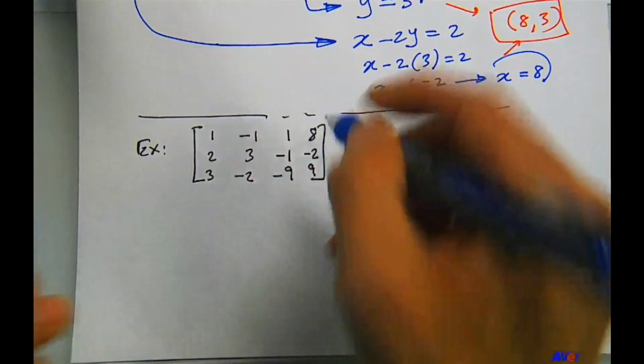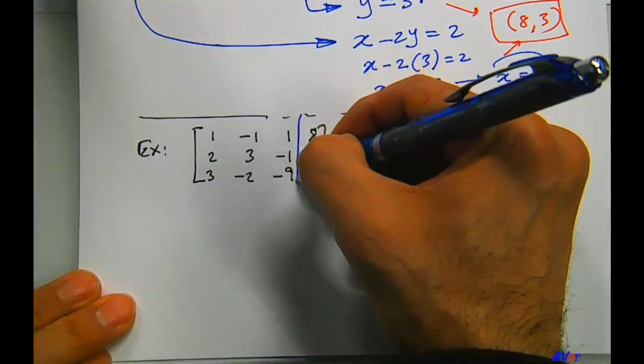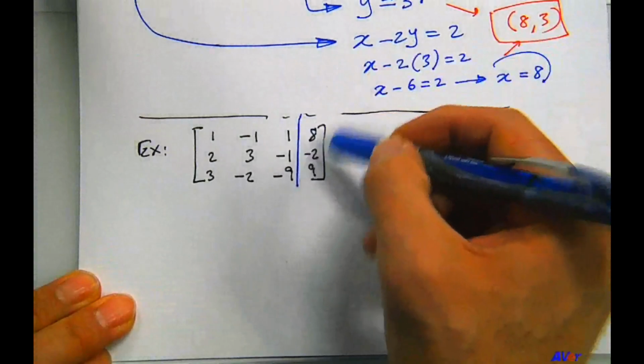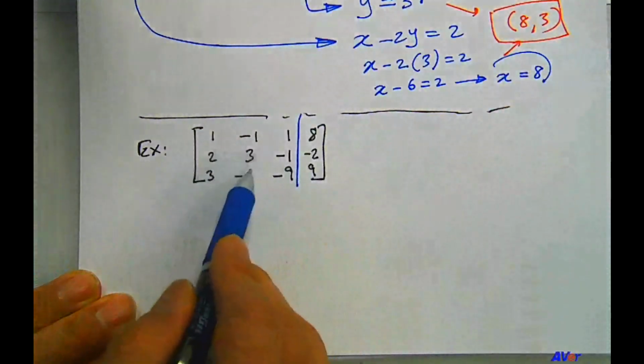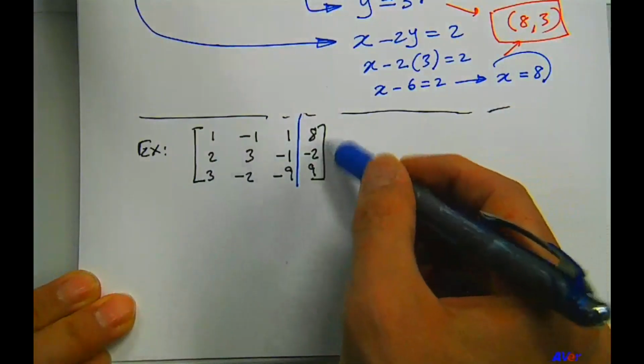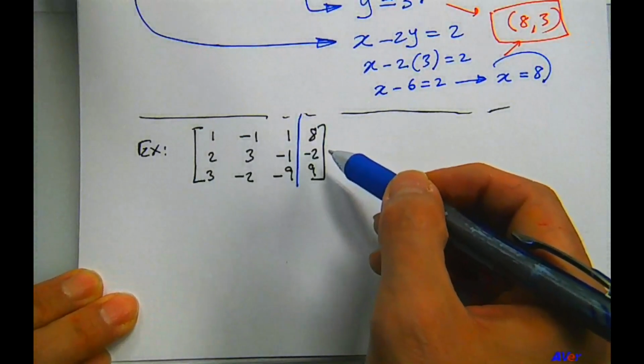We don't have to include a vertical line, but it's okay. A vertical line separates the coefficients of the variables from the column of constants.